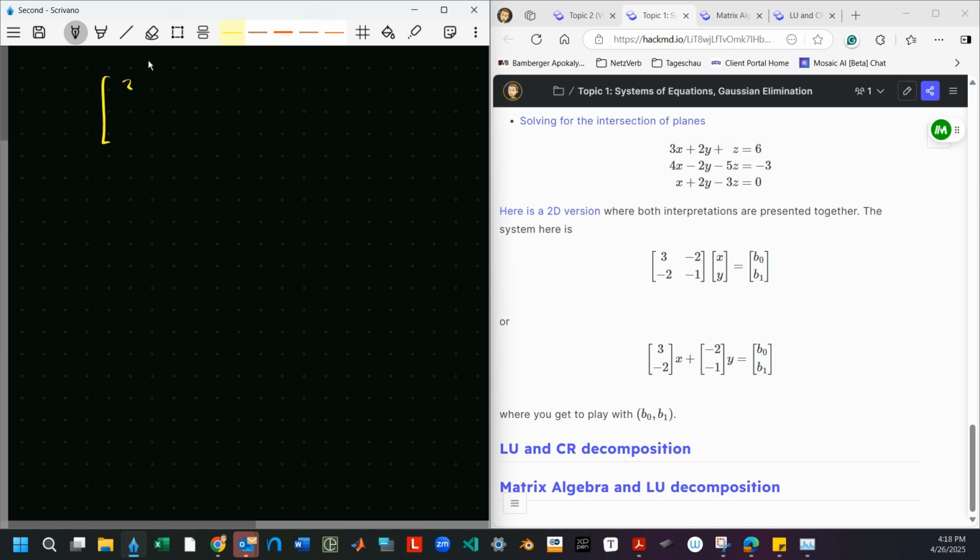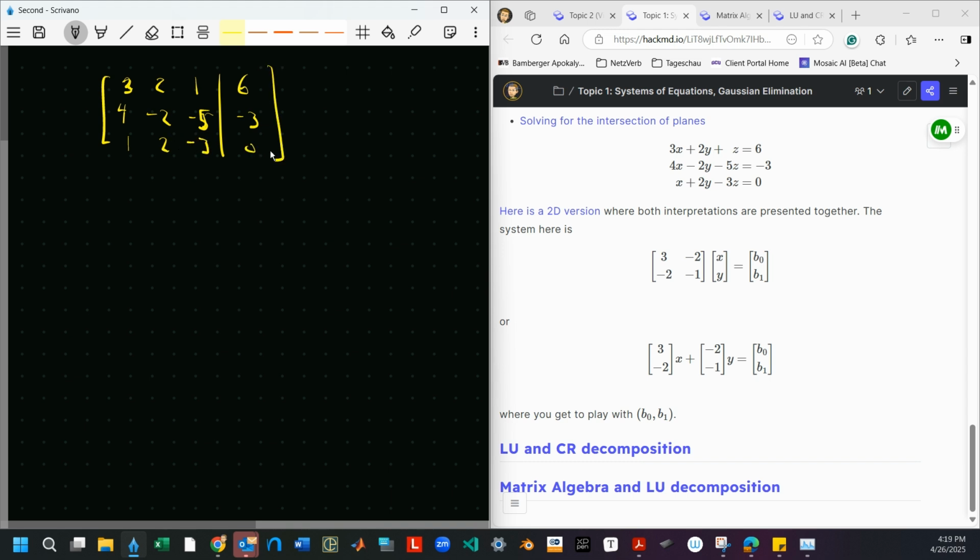It's going to be 3, 2, 1, 6. By the way, later on I have a MATLAB section where I'll show you how to do all this in MATLAB too. Then 4, minus 2, minus 5, minus 3. Even in simple cases, it's easy to make mistakes, because maybe I can't read that that's a minus 5. And then 1, 2, minus 3, and 0.